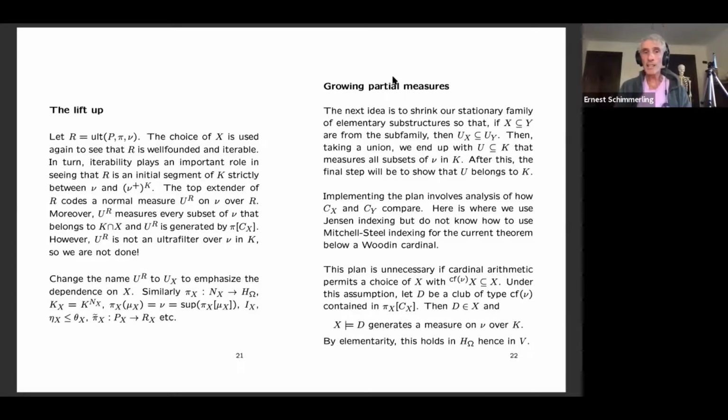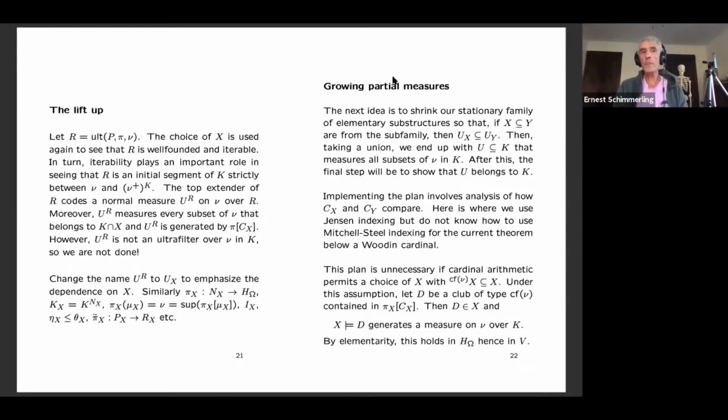And iterability, so if you take this R and coiterate it with K, another coiteration argument using similar analysis plus extra facts about K tells us, well, actually the same facts ultimately that I left out, that R is an initial segment of K strictly between nu and nu plus of K.